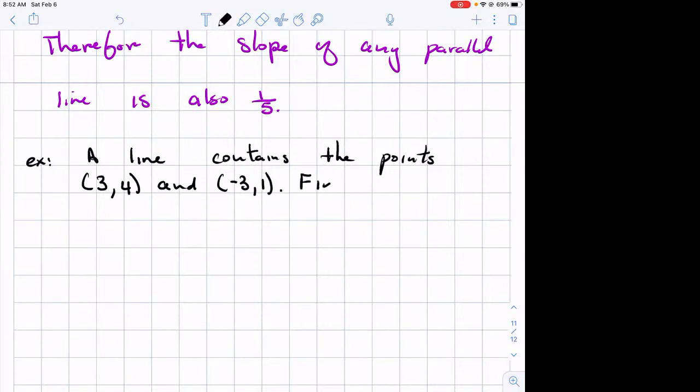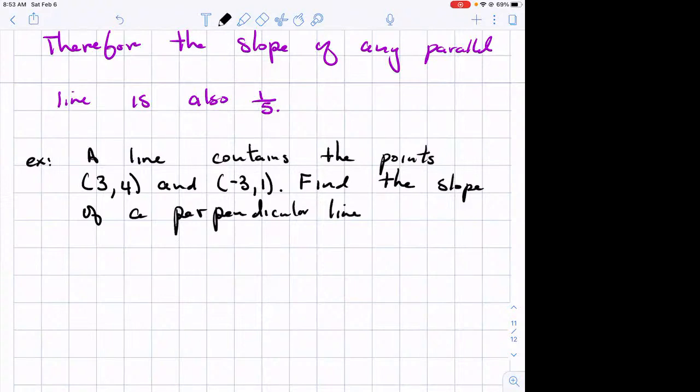Find the slope of a perpendicular line to the line that passes through those points.